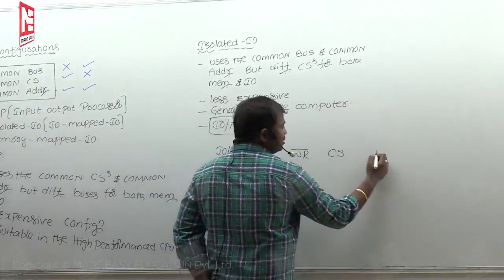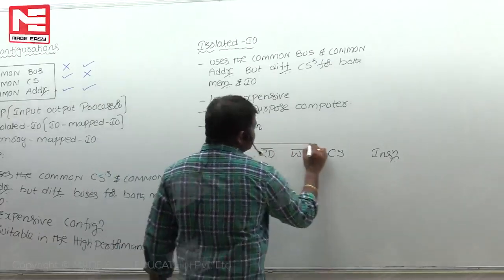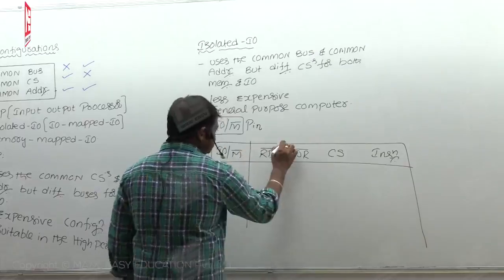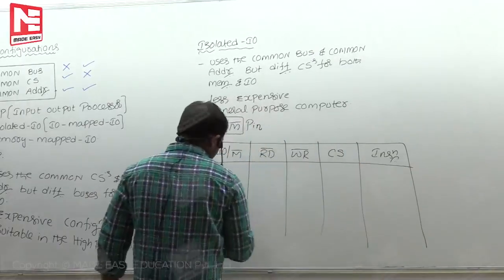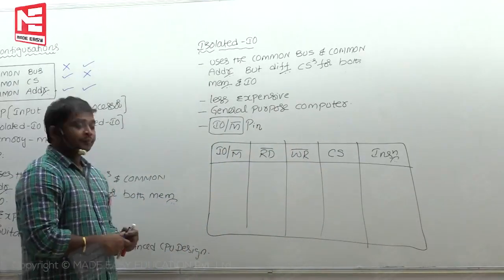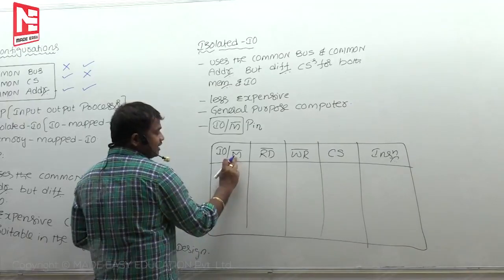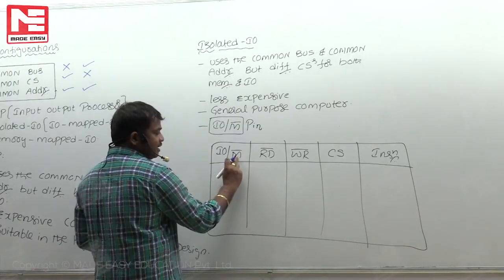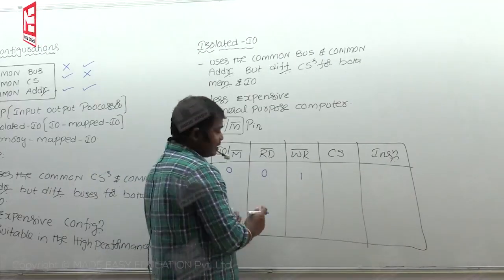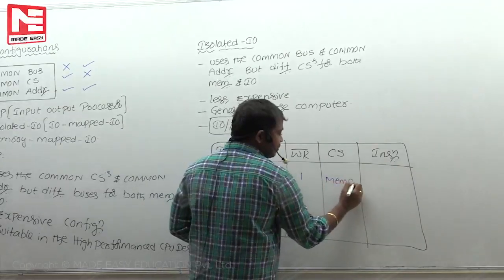Let us see how it manages the memory actions and IO actions. Suppose this pin is 0. That means active low, meaning memory is enabled. This is 0, so read is enabled. This is 1, so write is disabled. So this combination indicates memory read.